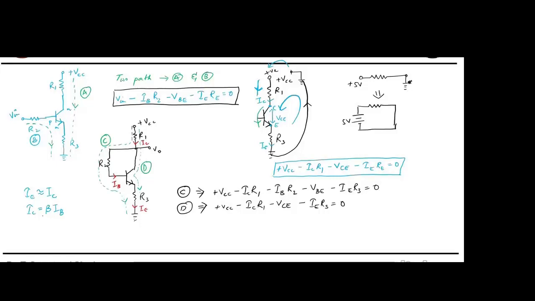Yes, sir, it's the gain formula. And I'm taking IE approximately equal to IC because IE is given by (1 plus beta) times IB. Now this one you can take approximately equal to IE. I am going to use this frequently.